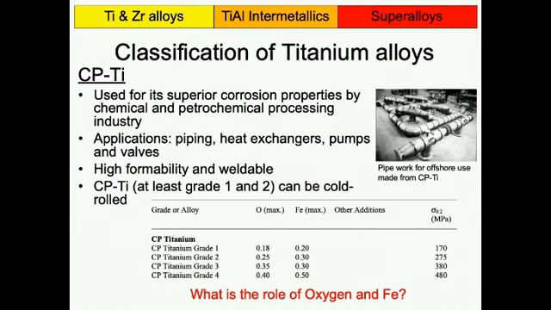Iron is a beta stabilizer, and in fact, something which I don't think is very widely known is the reason why this is done. If you look very carefully in the higher grade titanium alloys, and maybe even in the lower grade one, you will find tiny pockets of beta phase in there.